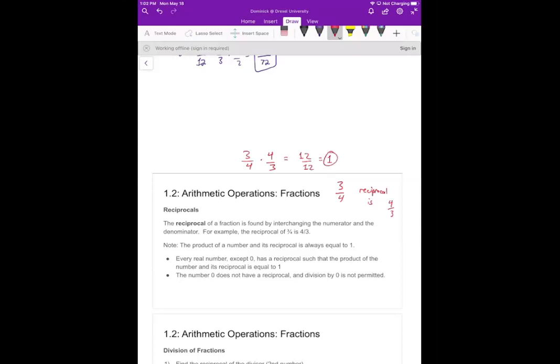Now, you'll note that every real number, except for 0, has a reciprocal, because if you have 0 over 1, you're going to get 1 over 0, and this is no good, right? So 0 does not have a reciprocal.